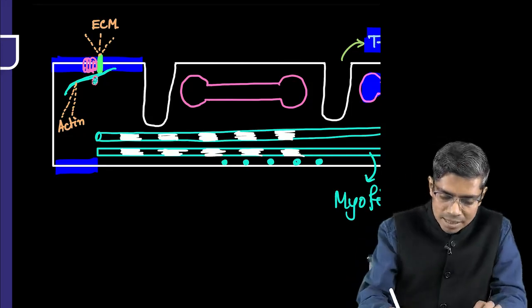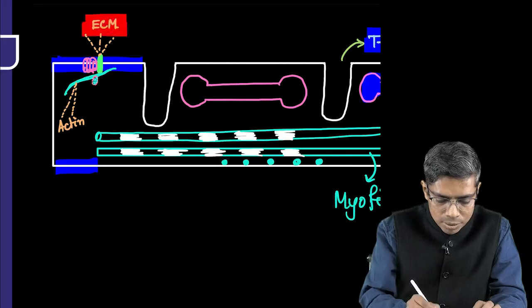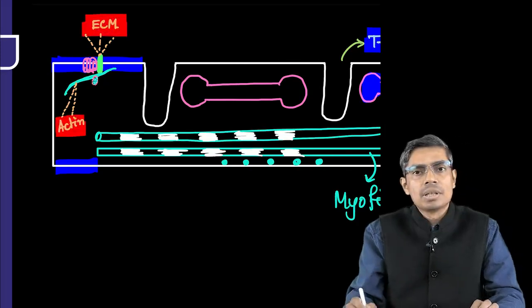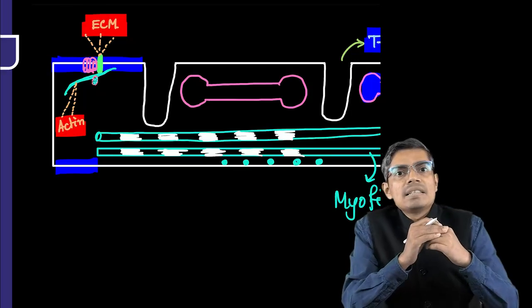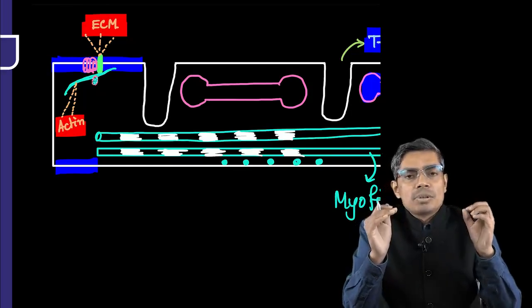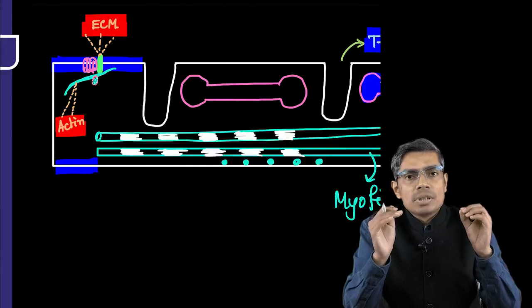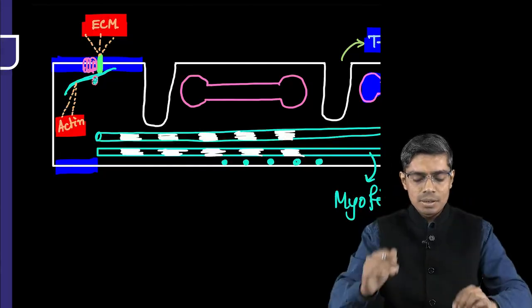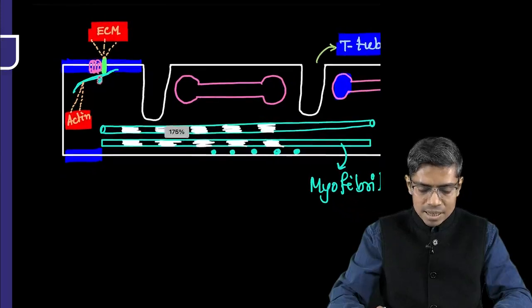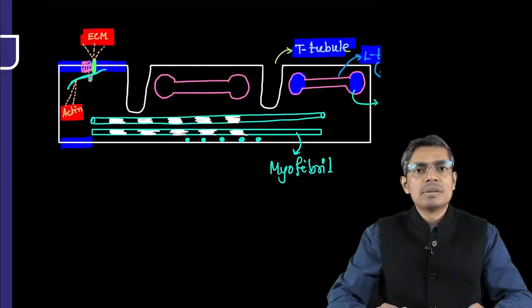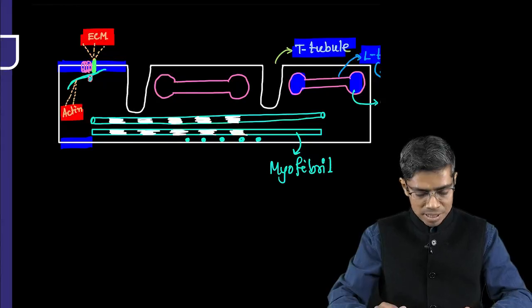So it is attached outside and it is attached inside. By this kind of attachment, it is giving tensile strength to the membrane. That's why we can easily understand that if there is a mutation of any of these membrane proteins, the muscle will be weak, myopathies will develop. So we'll be discussing that.